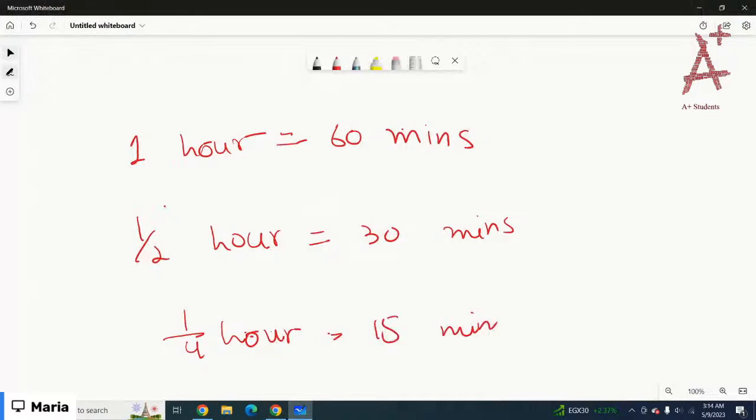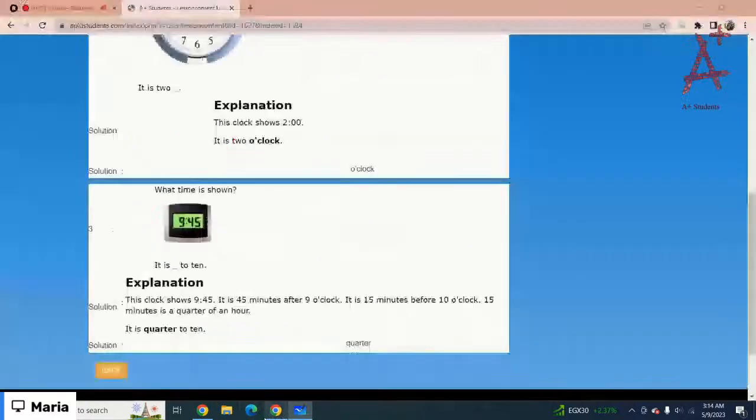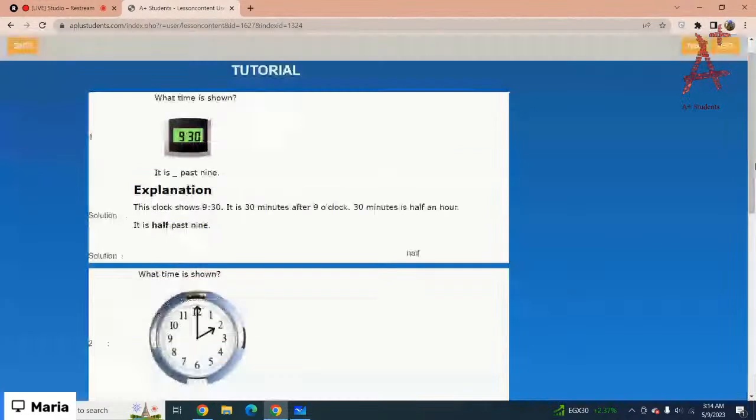So that would be the quarter hour. So you can say it is quarter to 10. That means you have just 15 minutes to 10. Got it? Let's just start with the practice questions.